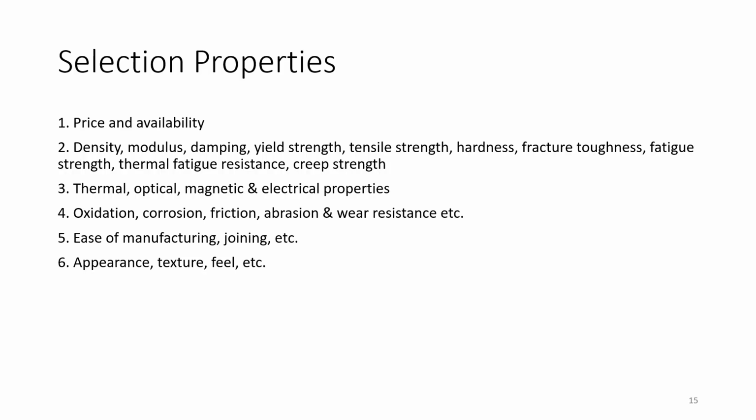Then you have thermal properties, optical properties, magnetic and electrical properties. Then oxidation, corrosion, friction, abrasion and wear resistance, etc. Then ease of manufacturing and ease of joining, etc. Appearance, texture and feel of material.